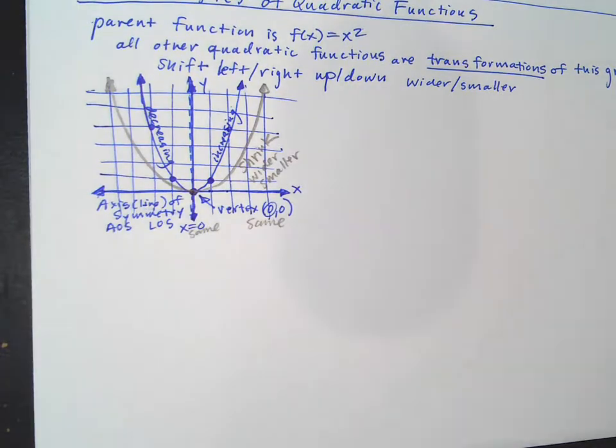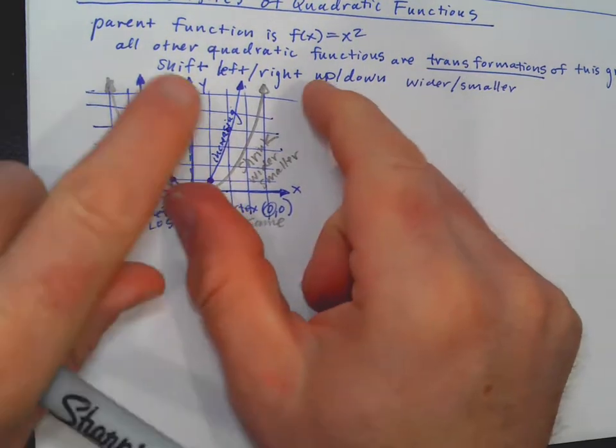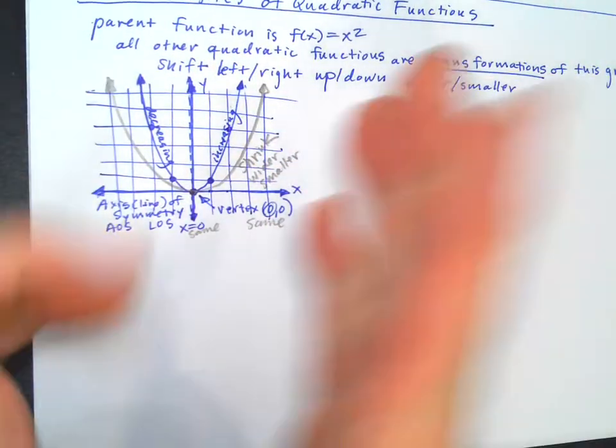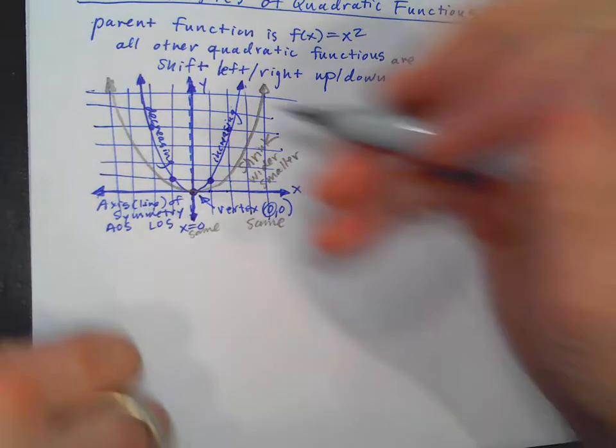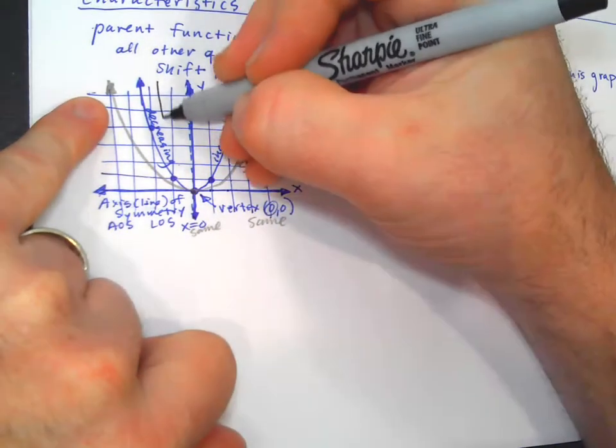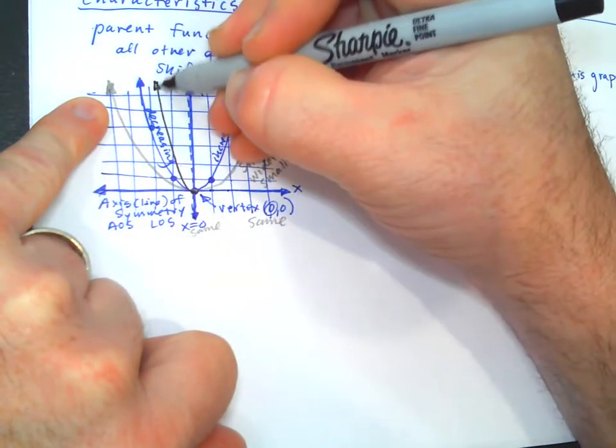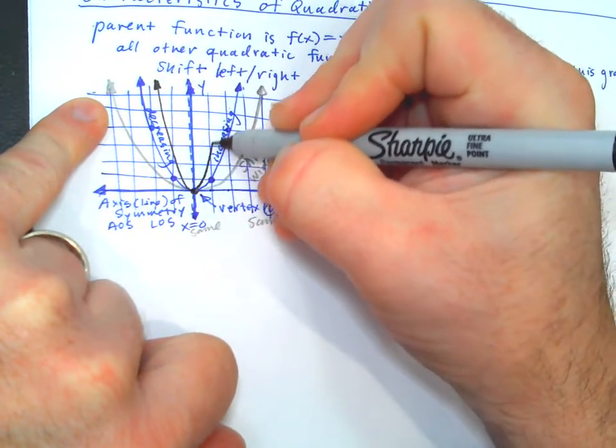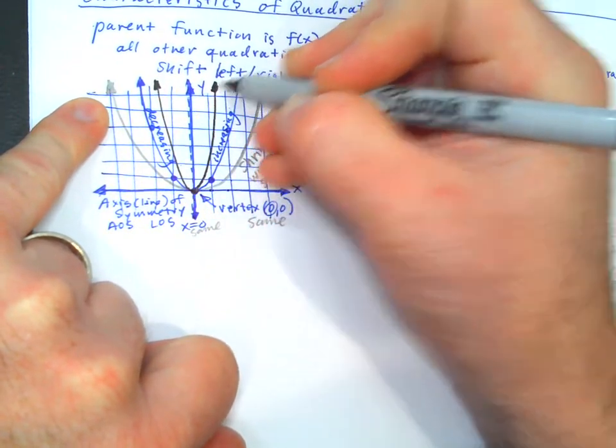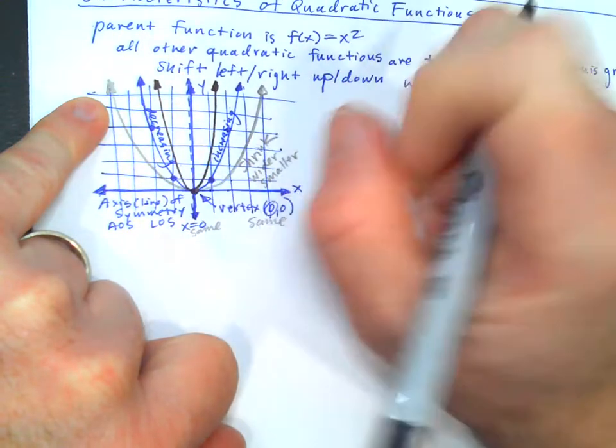The other possibility is that we can make the graph steeper. It looks like it's inside the original graph, stretched upwards.